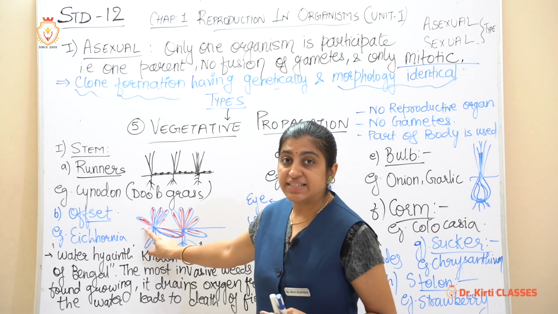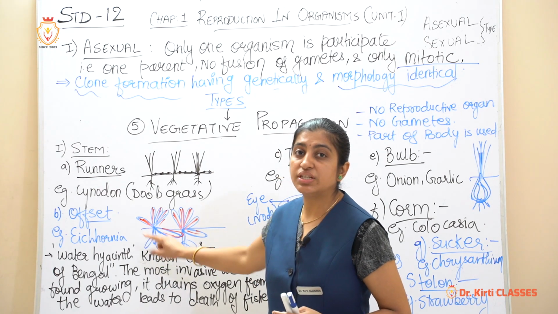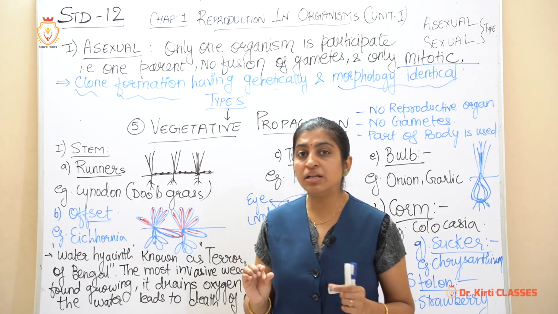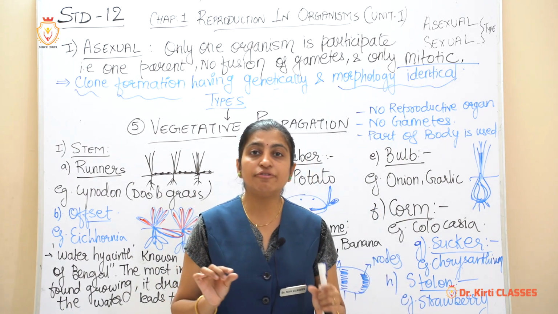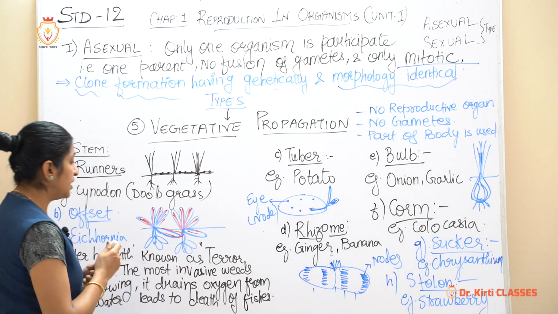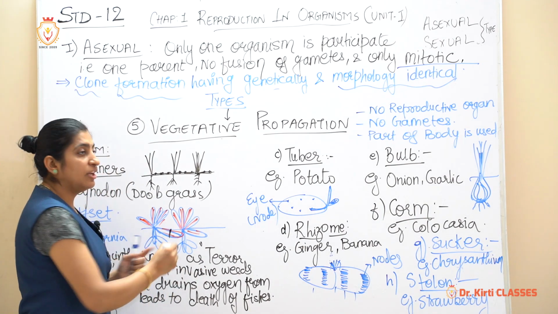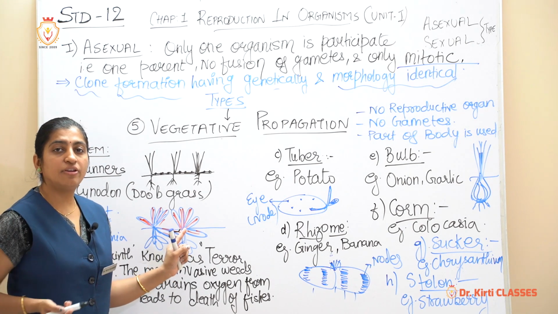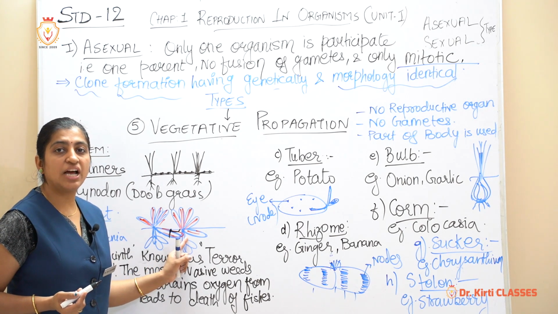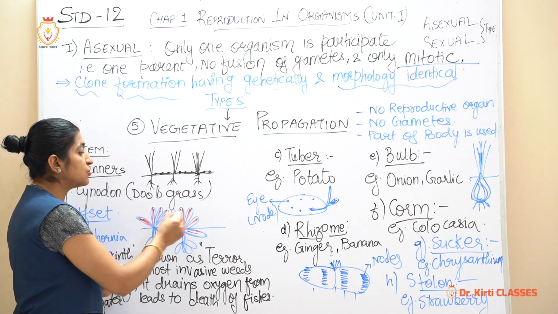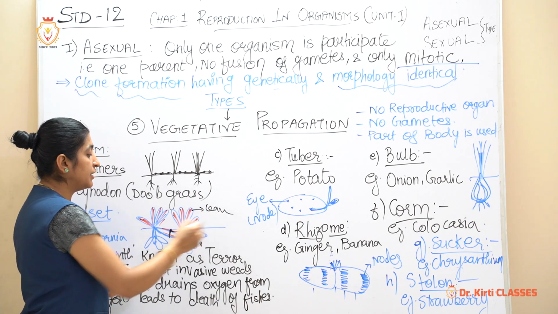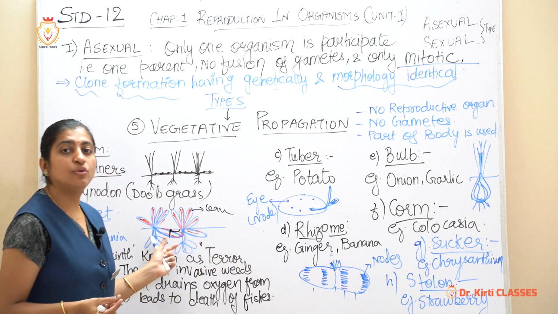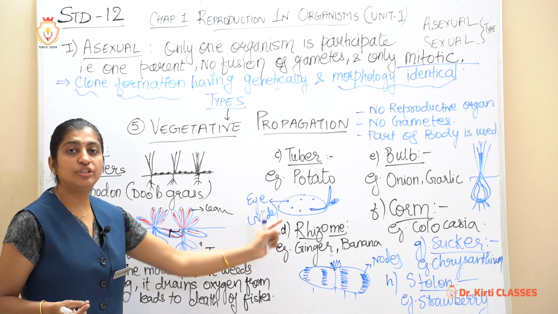Number 1, the stem which lies submerged in the water will become bulged. They will start storing the food, and the stem having a node will again be touched to the outer surface of the water. Under favorable condition, again it will start growing. So the outer part is known as water leaves, and the inner part has a modified stem which is again helpful for the formation of a new plant.